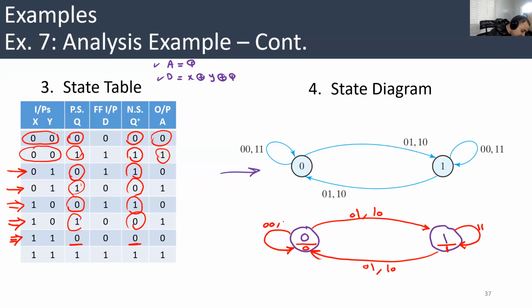Final row: the inputs are 1, 1 and the present state is 1, so the next state is also 1. I'm sorry, the earlier case was 0, 0. So now it's 1, 1, and we're also gonna stay in the same state.